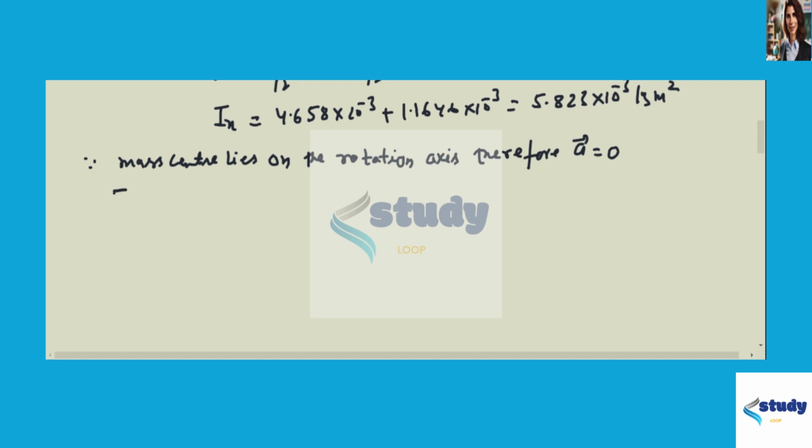So you will get summation of F, A plus B, is equal to mass into acceleration, but acceleration is 0. So you will get A is equal to minus B.